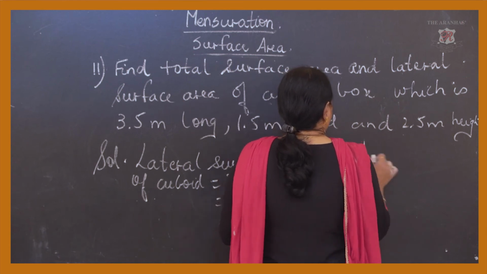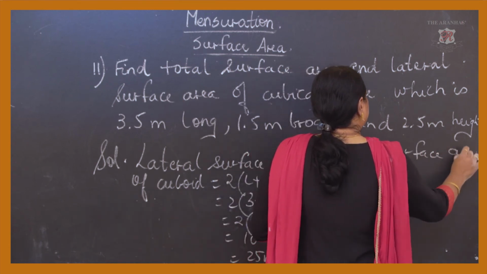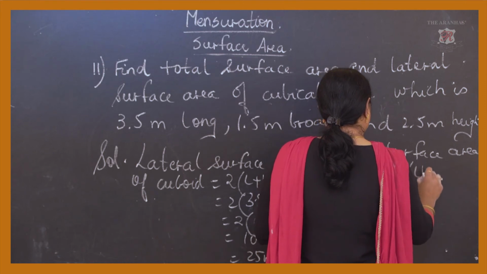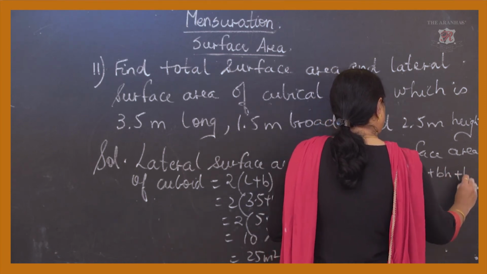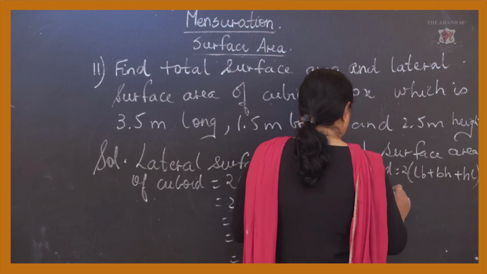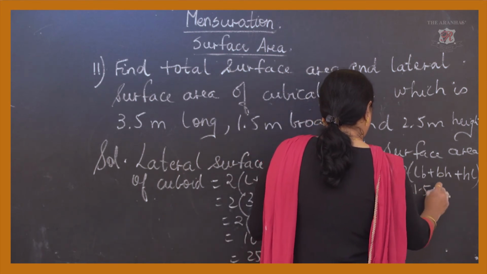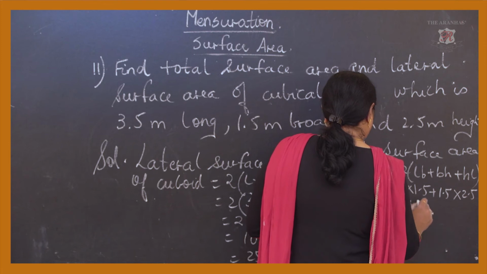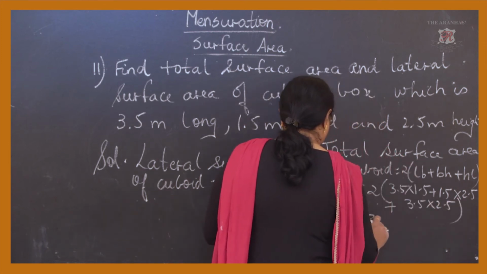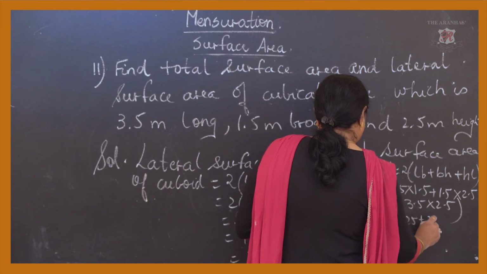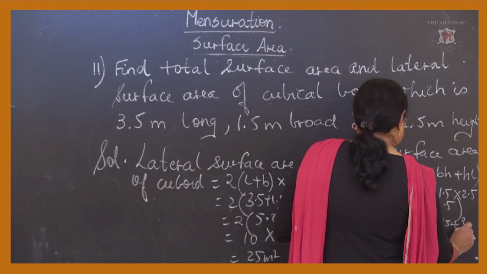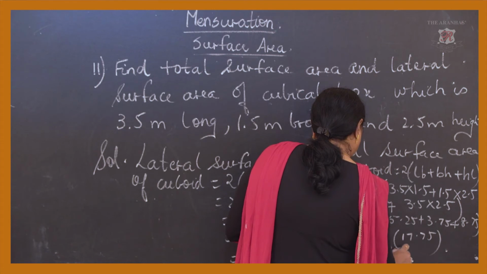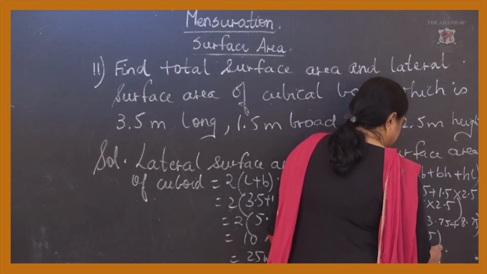Okay, so here total surface area of cuboid, again 2 into length into breadth plus breadth into height plus height into length, which will give you 2 into 3.5 into 1.5 plus 1.5 into 2.5 plus 0.75, which will give you 25.5 meter square.